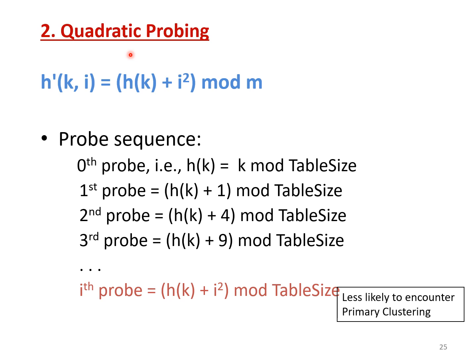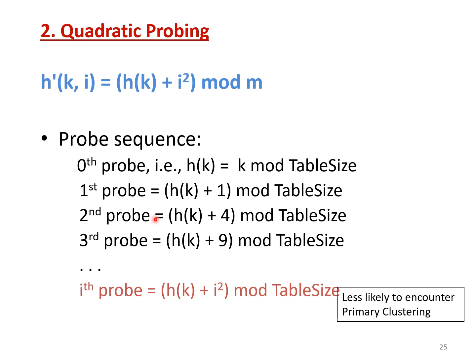The second type of probing technique for closed hashing or open addressing is quadratic probing. The small difference between linear probing and quadratic probing is that in linear probing we add i to h of k, whereas in quadratic probing we add i squared instead of i. So, after computing the zeroth probe, in the first probe computation we add h of k plus 1 squared, that is 1.